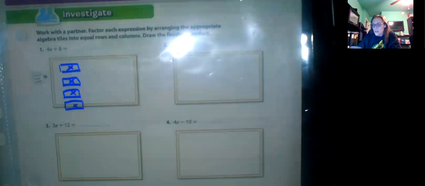All right, so it says, factor each expression by rearranging the appropriate tiles. Okay. So take a look. If I have 4 X's and 6 positives, well, what happens if I put 4 X's out, saying I had 4 groups?